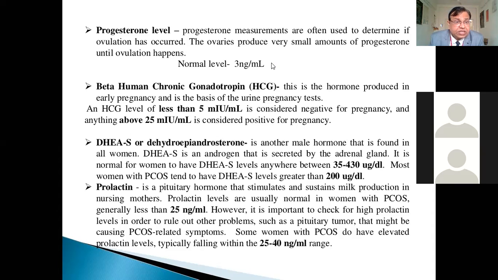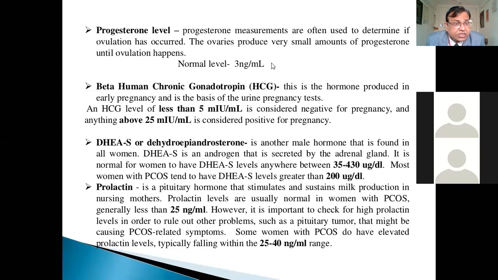Now, the beta HCG test, that is beta human chorionic gonadotropin test. This is the hormone produced in early pregnancy and is the basis of the urine pregnancy test. This is commonly known, and a kit is available in the market now.